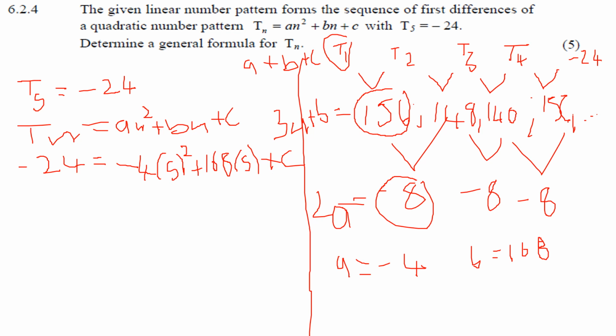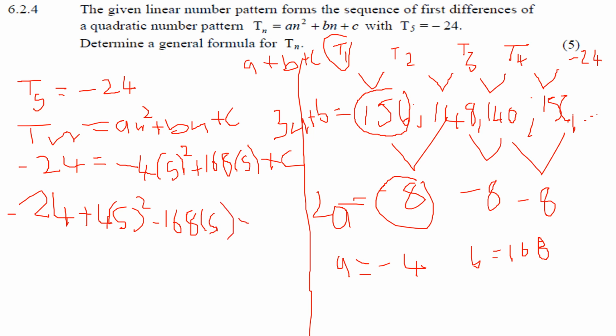So basically, I'm just going to transpose everything to the other side and then put it in the calculator the same way. We're going to have negative 24. Then when I transpose this one, it will change sign, and it's going to be plus 4 multiplied by 5 all raised to the power of 2, and then minus 168 all multiplied by 5.